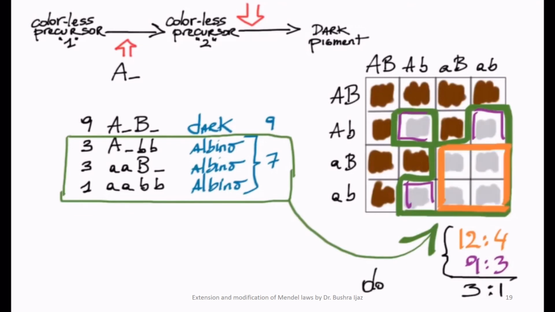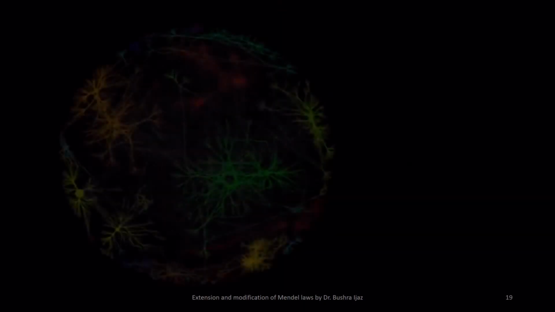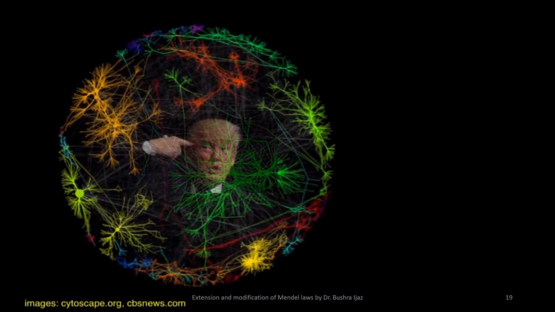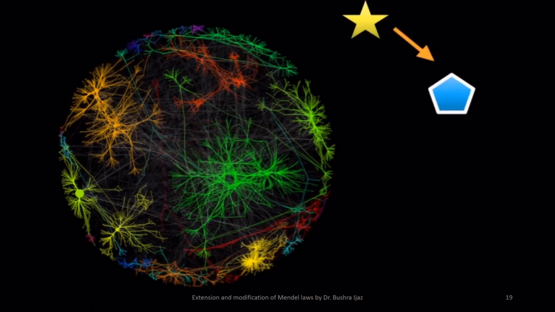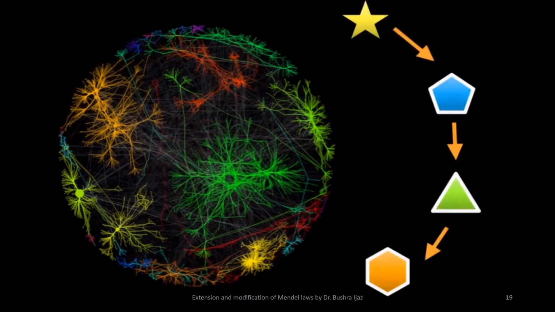Therefore, a 3-to-1 ratio is displayed twice, as one may expect in a double recessive situation. In summary, an organism is a complex structure whose traits depend on a chain of events, each controlled by a different gene. Epistasis results when variation in genes required for upstream events affects the events downstream.